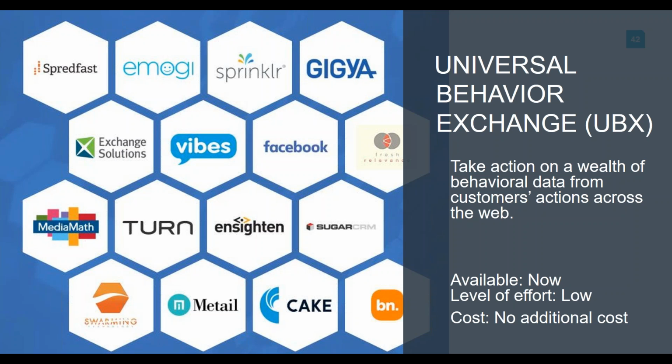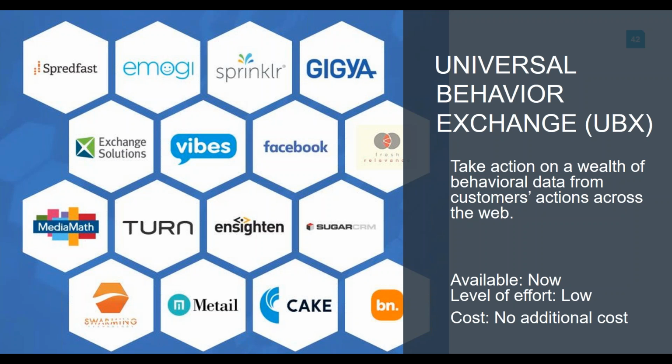And like I said, it just passes behavioral data between your marketing tools. So if you're picking up behavioral data in one, it lets you act upon it in another marketing tool. It is a tool that's available right now. The level of effort to implement is low because it's simply taking integrations that have already been built and connecting them together, and there's no additional cost to use UBX if you already have the IBM Marketing Cloud.